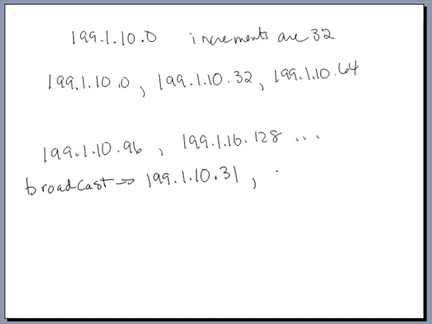The broadcast address for the second one would be 199.1.1.63. Then the next one goes up to 96, so it's 199.1.1.95. So that's how you want to do step 9.